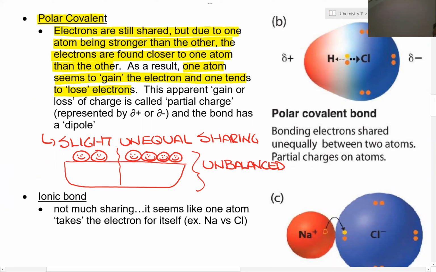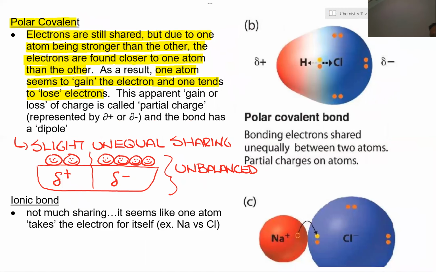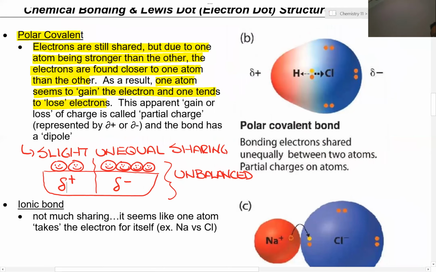And the side that has more electrons, this will be what we call partial negative. This side will be partial positive. It's still neutral, but you have an imbalance in terms of one side getting more electrons than the other.